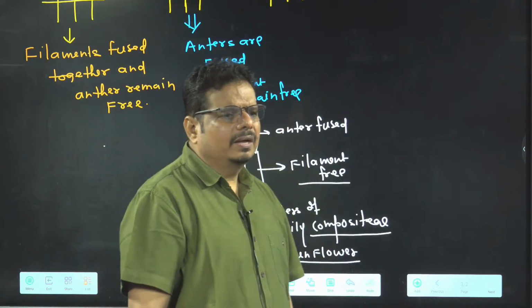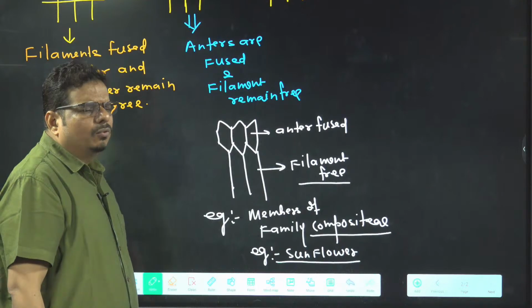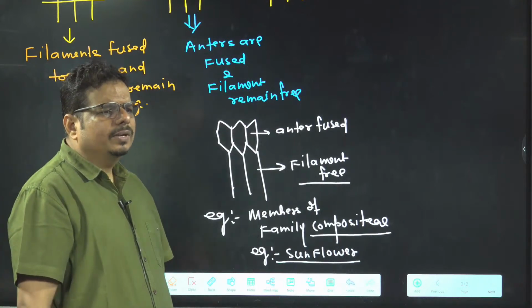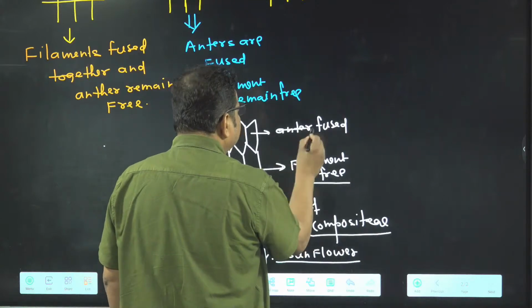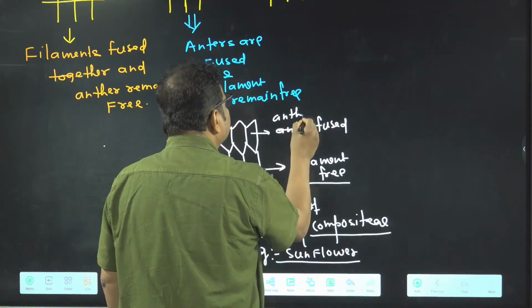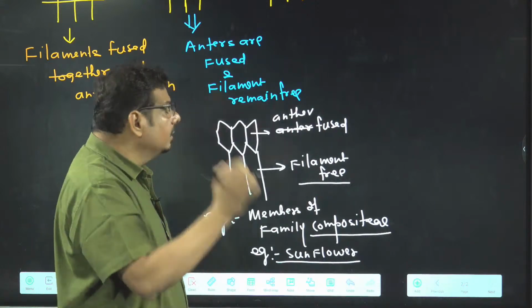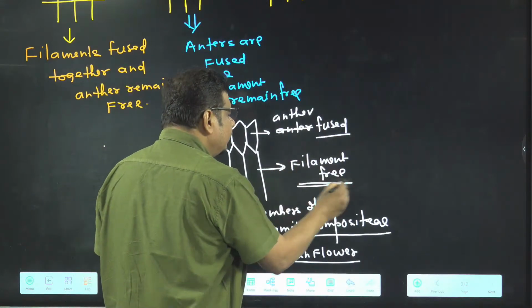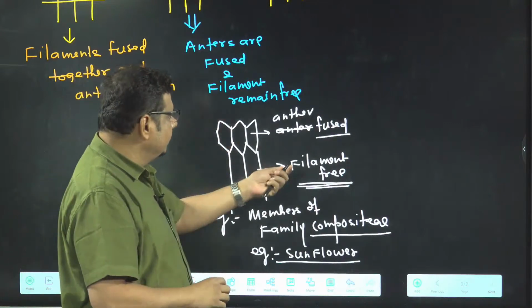It is the sunflower. Right? Syngenesis condition. Who is free? Anther is free. Getting the idea or not? Anther is fused. And who is free? Filament is free.